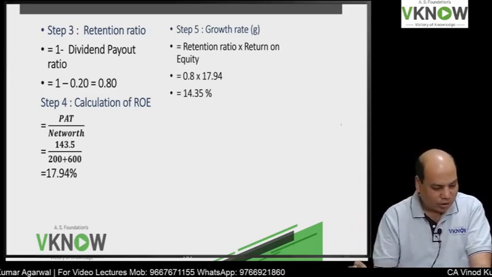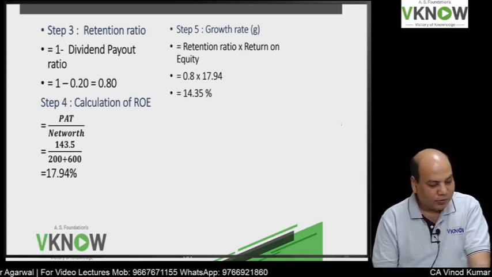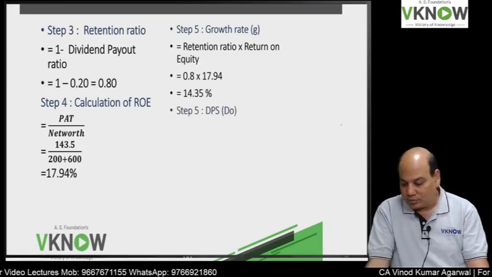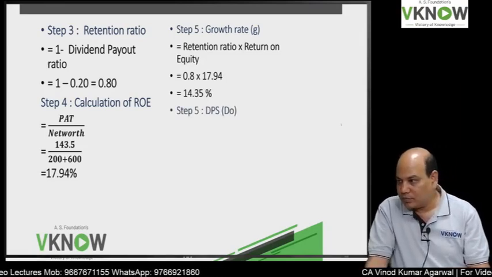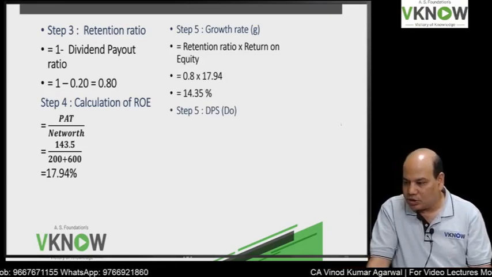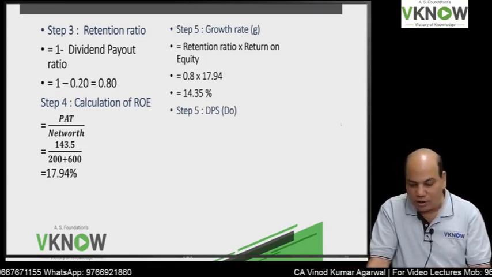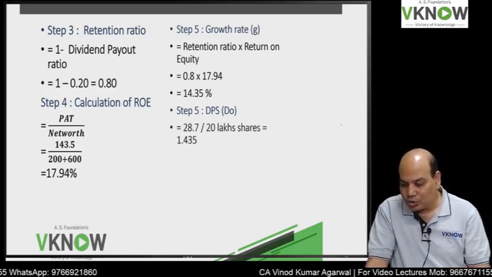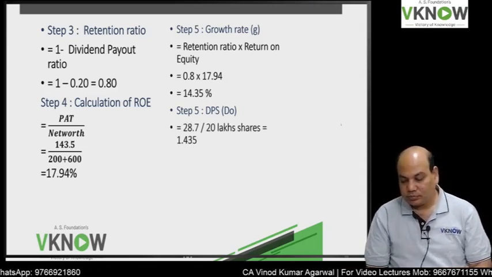8. Go ahead. Determine the price of the share of the company using dividend discount model. So now I have to find price per share. For that, first we will compute how much is the dividend per share given by the company today. So go to your previous table.